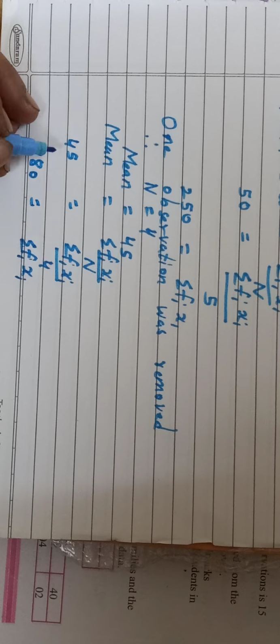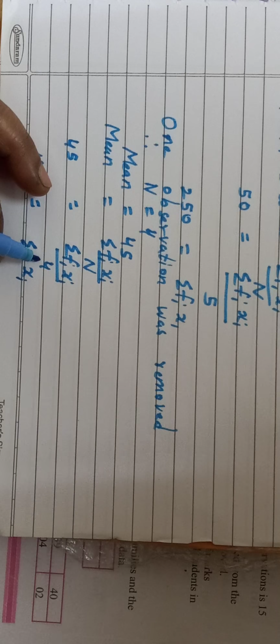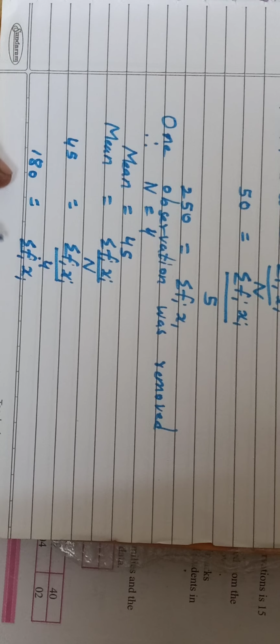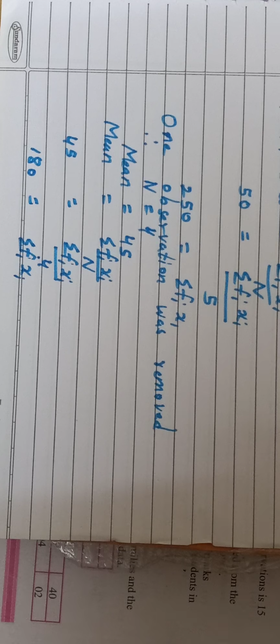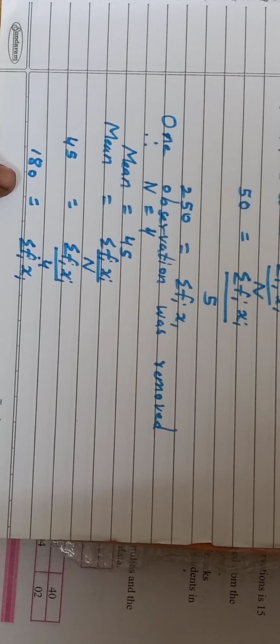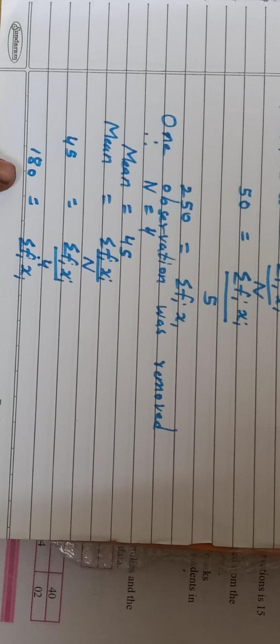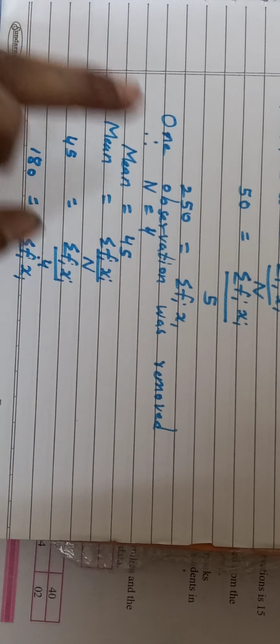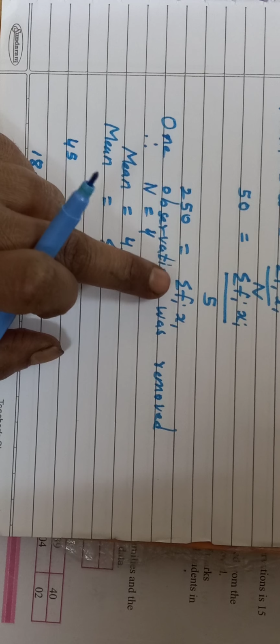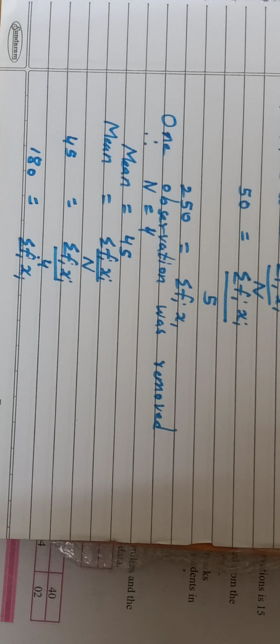Cross multiplied, I have not written one step; you write 45 into 4. So summation fi xi is 180. Now you can understand that one observation is reduced. So here the sum of the observations has become 180, and when it was 5, the sum of the observations was 250.